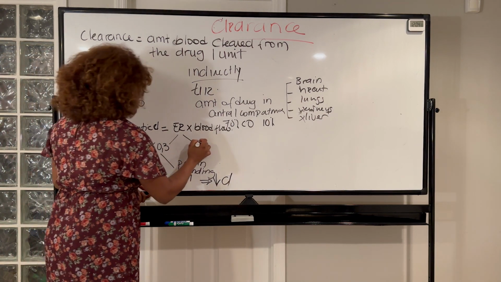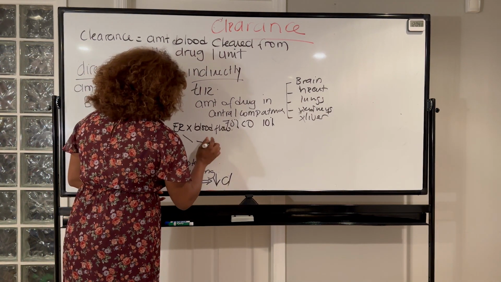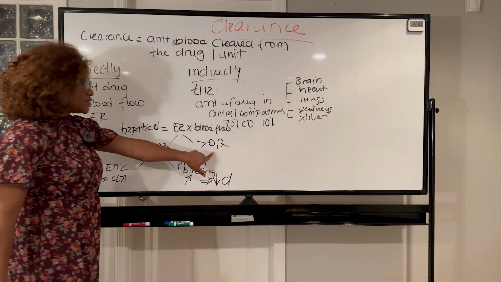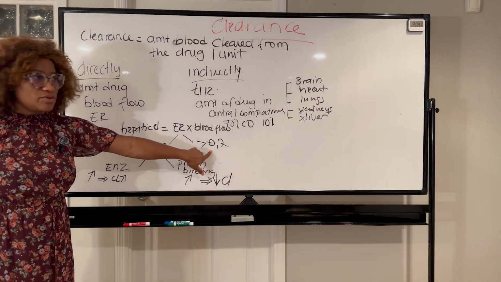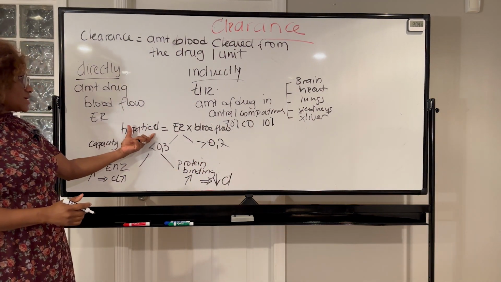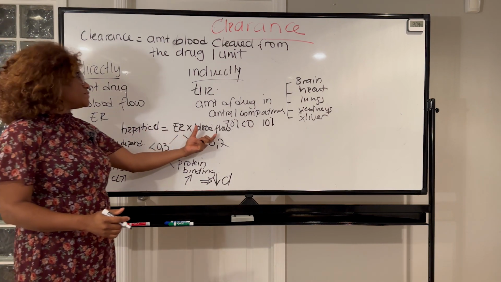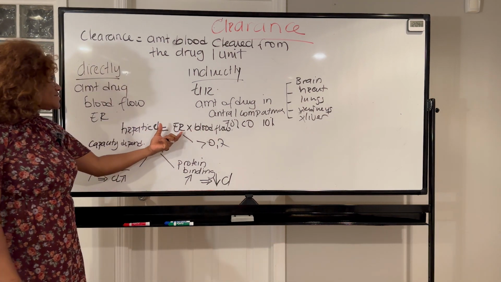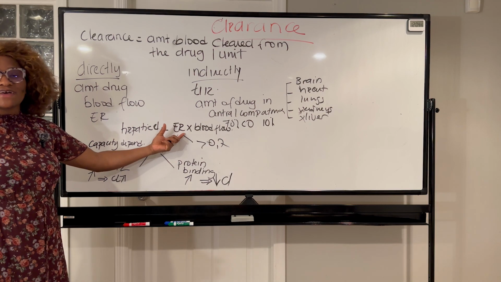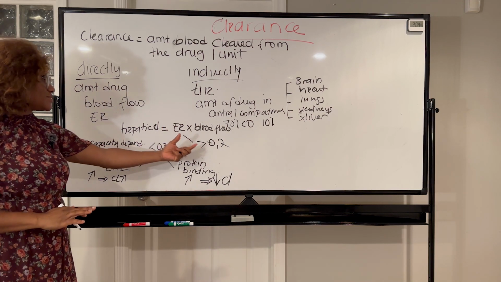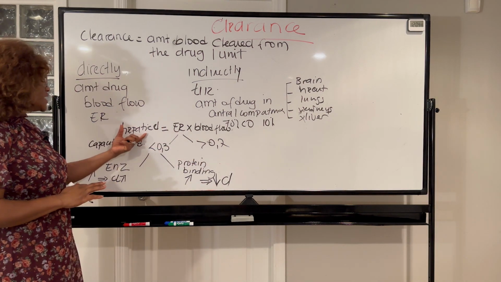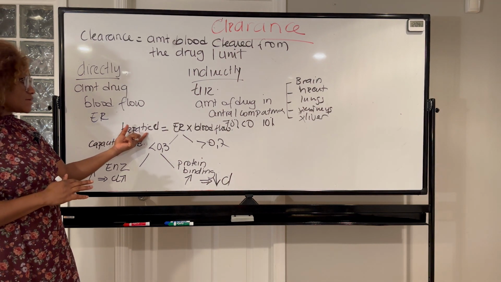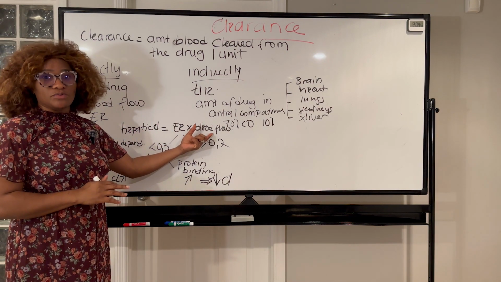Now let's say the hepatocytes are working properly and they're able to pick up to 70% of the drug from the blood. So our hepatic clearance is going to be solely dependent on the blood flow, because the hepatocytes are picking up the drug. The extraction rate is perfect. So if there is any problem with this hepatic clearance, it's going to be the blood flow.